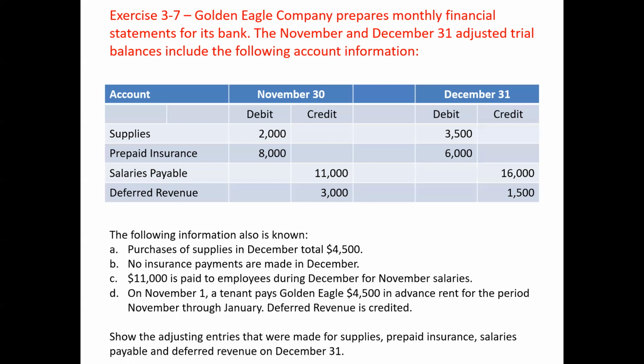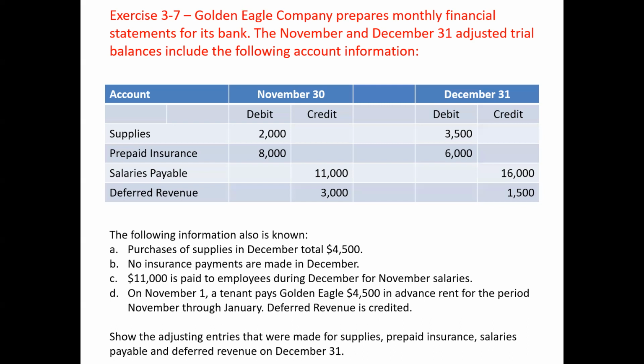Don't we have it because we owe somebody something, right? So as of November 30th, we showed 11,000 of salaries payable. Now they're telling us that in December, we did pay that 11,000 that was due in November. So we did pay that 11,000. So this credit plus this debit would end up at zero.